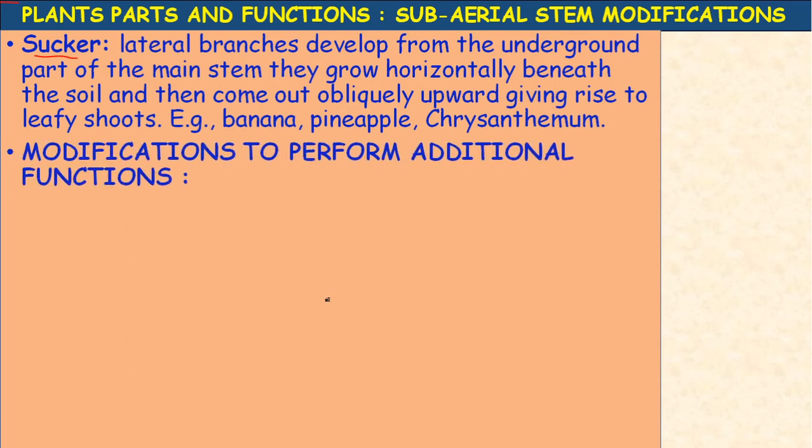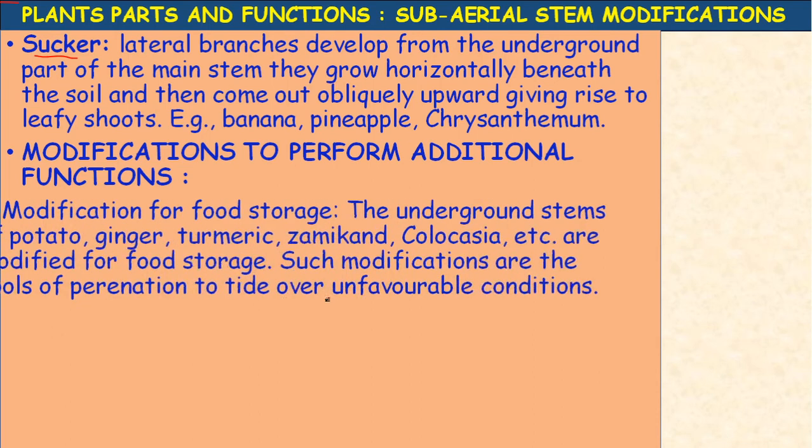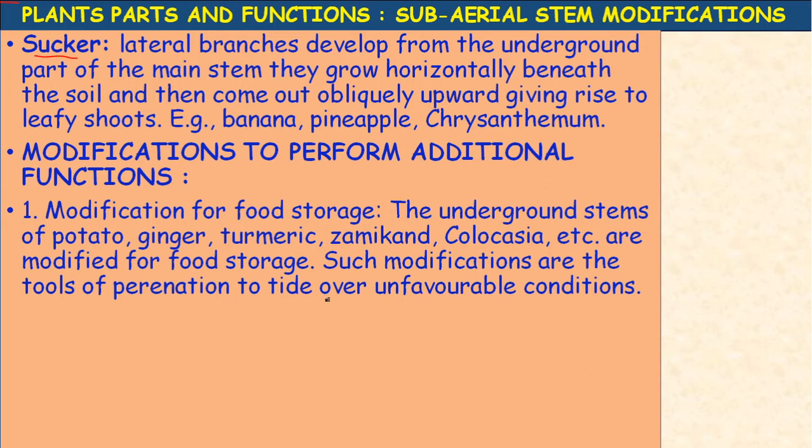The modifications of the stem to perform additional functions. The first modification is for food storage. The underground stems of potato, ginger, turmeric, zamikand, colocasia are modified for food storage.